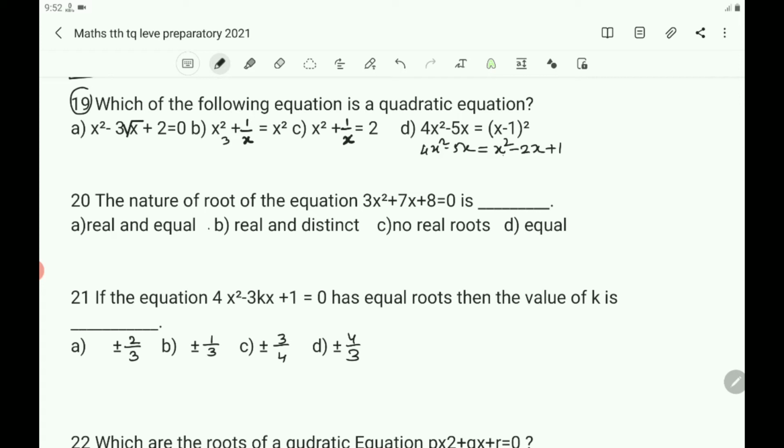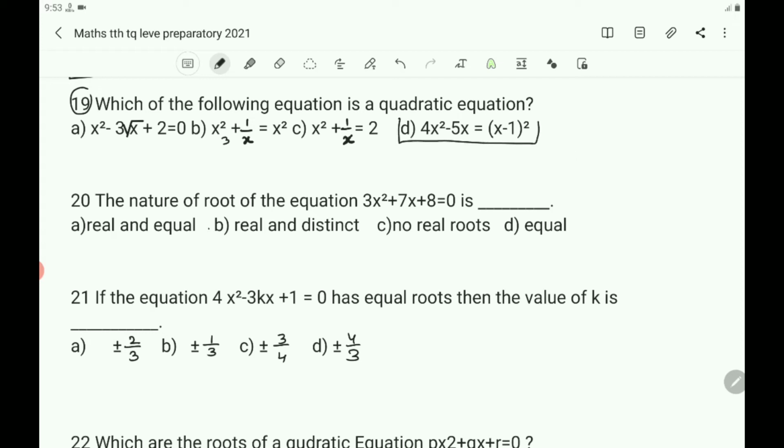If 4x square and x square is transferred, that becomes 3x square, and minus 2x is transferred to LHS, that becomes minus 5x plus 2x becomes plus 3x, and if 1 is transferred, it becomes minus 1 equals 0. So you got this in the form ax square plus bx plus c equals 0, where a equals 3, b is also equals 3, and c equals minus 1. So you can conclude that option D is a quadratic equation.